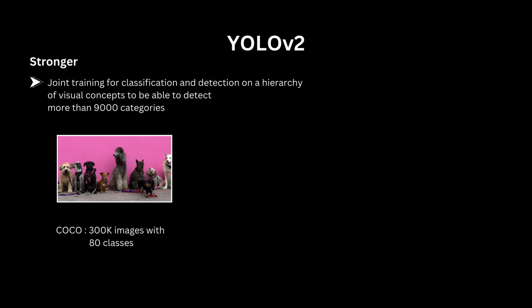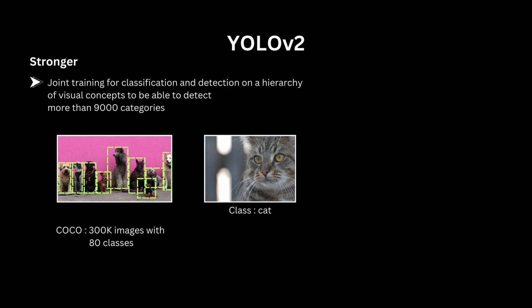So one of the main reasons for small detection dataset sizes is that detection annotation is costly. Classification annotation, on the other hand, is relatively cheaper, which is also why we have a huge number of images covering a wide variety of classes. The main idea here is to use this large available classification data to strengthen our object detector.